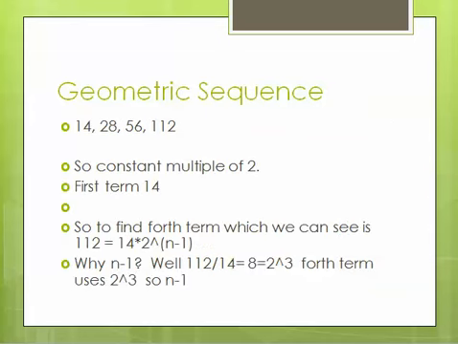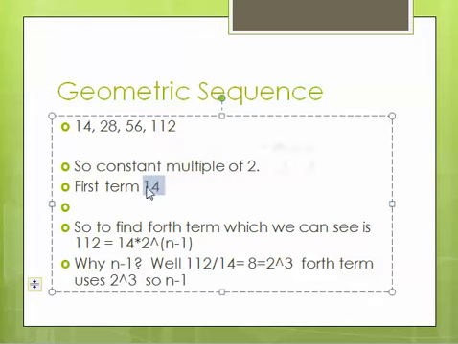Okay? So if it's a constant multiple of 2, and we've got a first term of 14, we can come up with an equation. What I'm going to do is try to solve for the equation. I'm going to say 112 is equal to 14 times 2 raised to some power, and I'm saying n minus 1. Well, why n minus 1? If I take 112 and divide it by 14, I would get 8. And that's 2 to the third power.